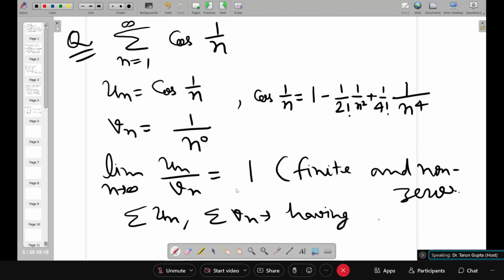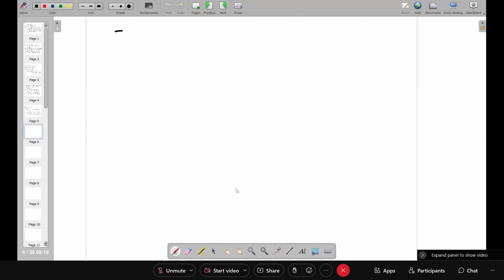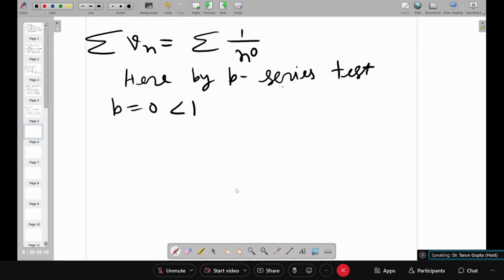By p series test, the value is 0, which is less than 1, and you know for p less than or equal to 1, this is divergent. So summation vn is divergent, so summation un is also divergent.